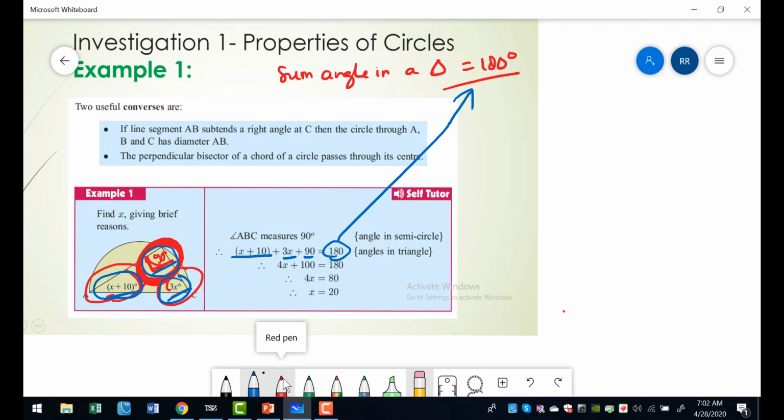Simplify any like terms: x and 3x add up to 4x, and 10 plus 90 is 100, so 4x plus 100 equals 180. Move the 100 to the right side: 180 minus 100 equals 80, so 4x equals 80, and x equals 80 divided by 4. So x equals 20.